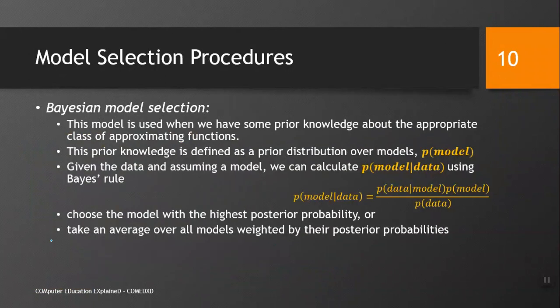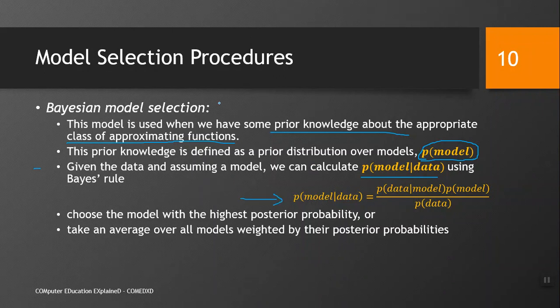Bayesian model selection. This is used when we have some prior knowledge about the appropriate class of approximating functions. This prior knowledge is defined as a prior distribution over models. For example, we know about the models from which distribution they belong. Given the data and assuming a model, we can calculate the probability of the model given data using Bayes rule, which we have already studied.